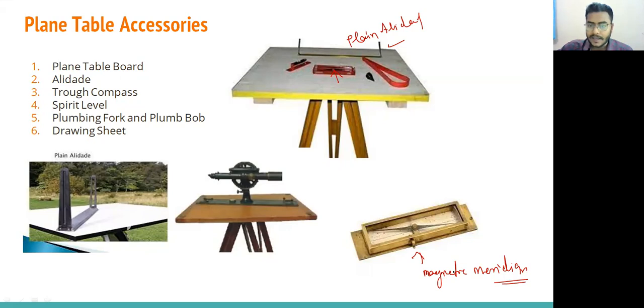How are we doing it? We will keep this trough compass on the table and rotate the table in such a way that this needle, which is called the magnetic needle, should be at the center, like from this position.